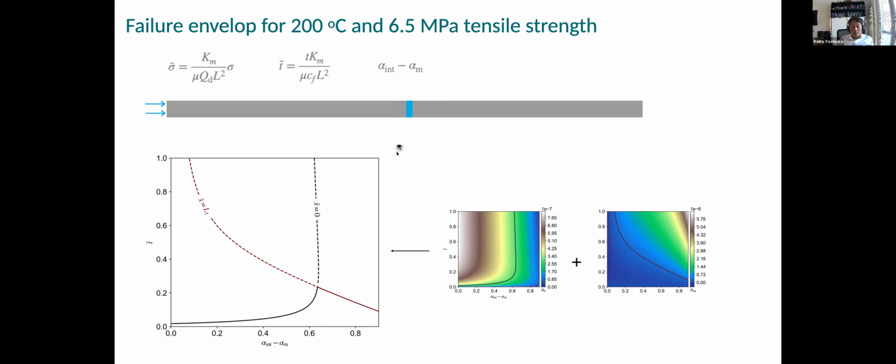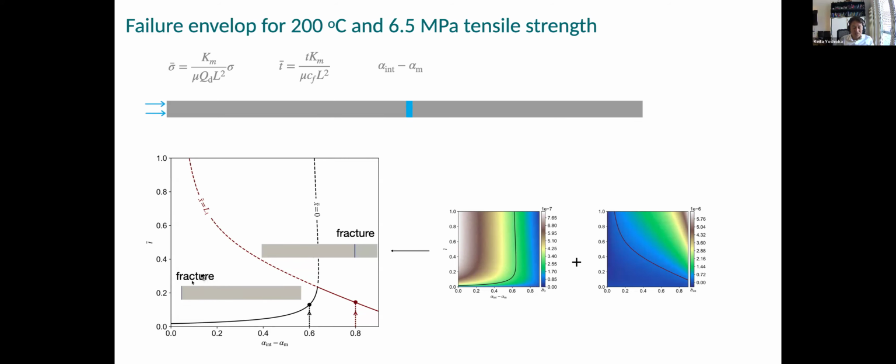If the difference in the Biot coefficient is 0.6, we start from here, and as time goes by the stress evolves, and we hit this black line first, which means we would have a fracture at the injection point.